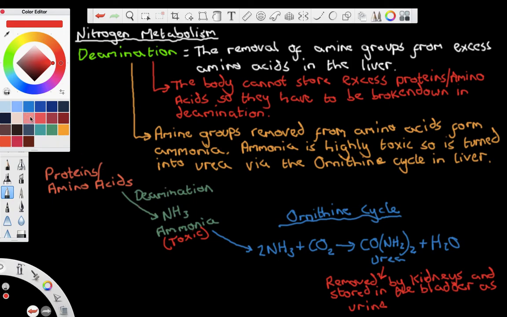Another process that can take place, which we haven't spoken about yet, but it's certainly worth mentioning because I'm sure you've heard lots about it online, is something called ketosis. So excess proteins can be turned into what are known as keto acids.